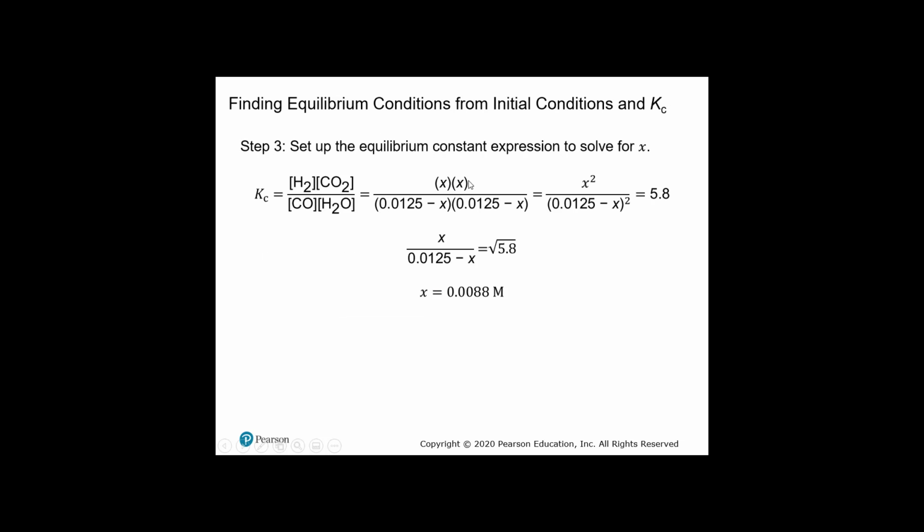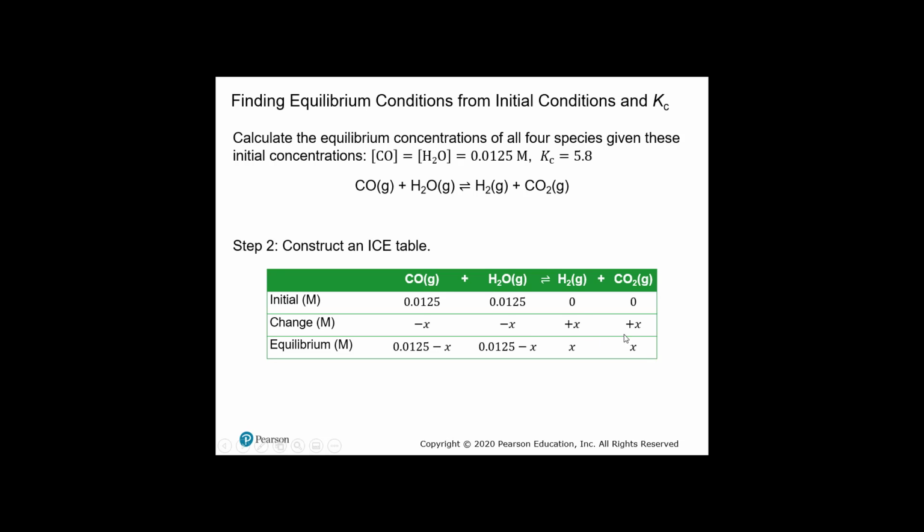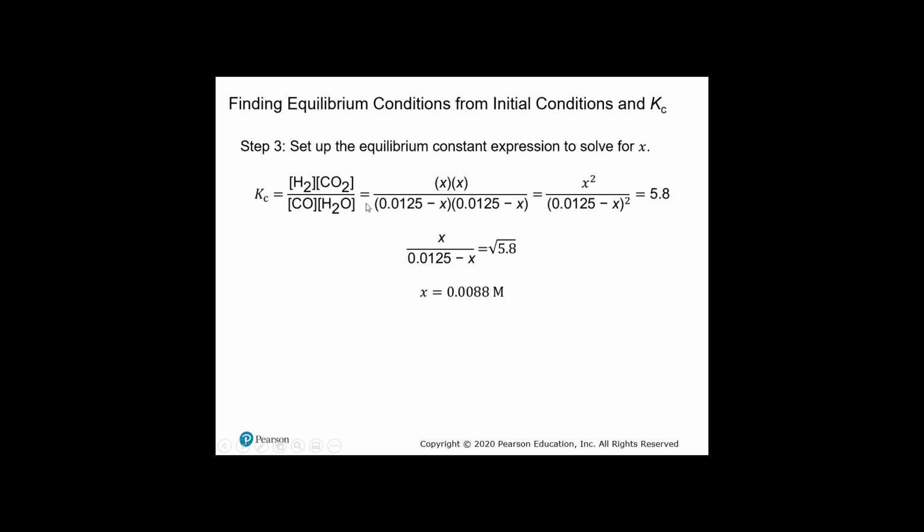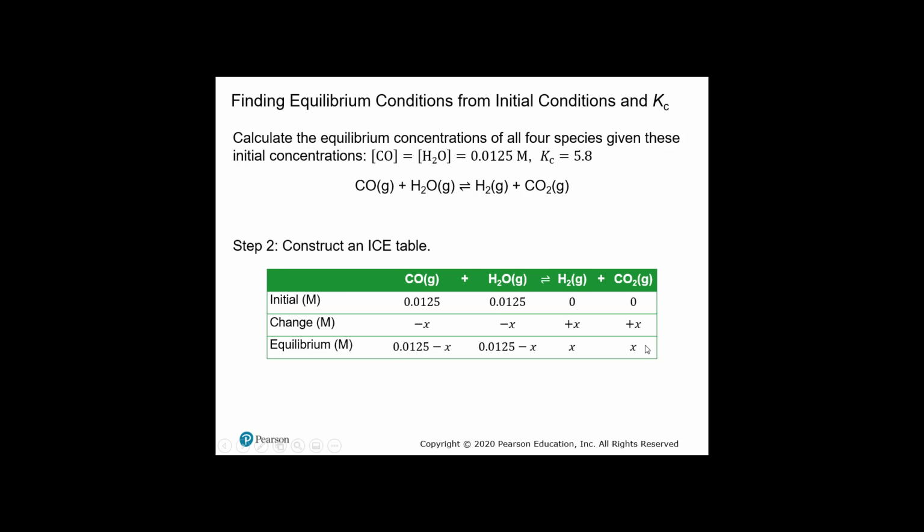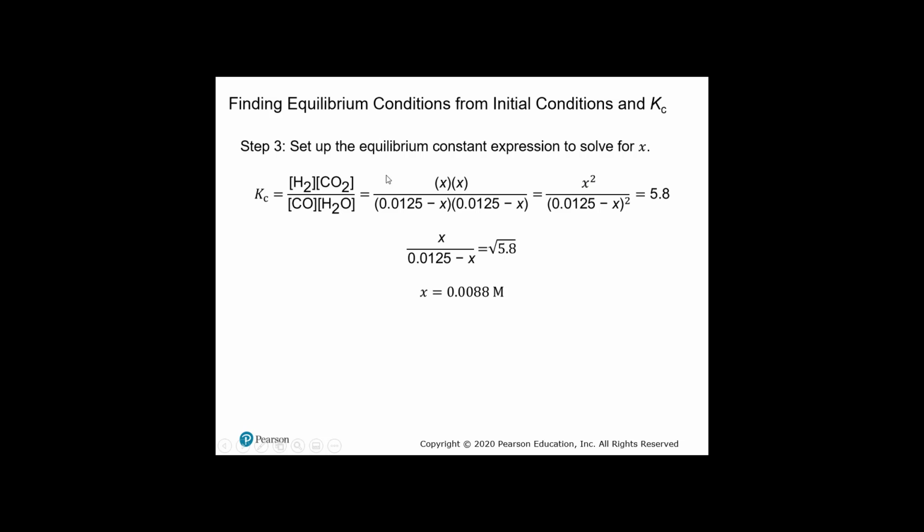So here we have x and x, because we don't know what the change would be. Oh, sorry, this is this side. And then we're pulling down what we have for the reactants. So everything we're getting is straight from this point right here, right? All right, so now let's combine everything that we can combine. And as you can see here, we can square the x on top and we can square the expression on the bottom.